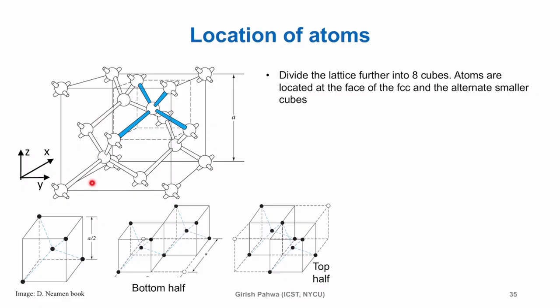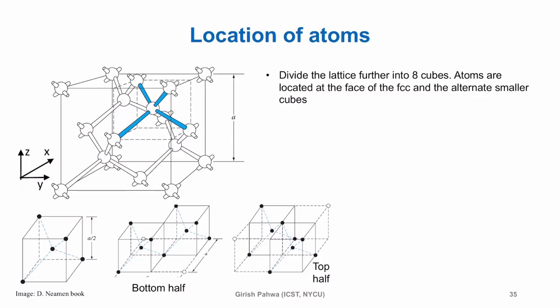So inside atoms are in alternate cubes, right? Alternate. So this is filled, empty, and the top one will also be empty. See, this is the top one, corresponding to this will be the top, this is empty. So alternate cubes will have atoms. FCC plus alternate smaller cubes will have atoms. So that is your silicon.